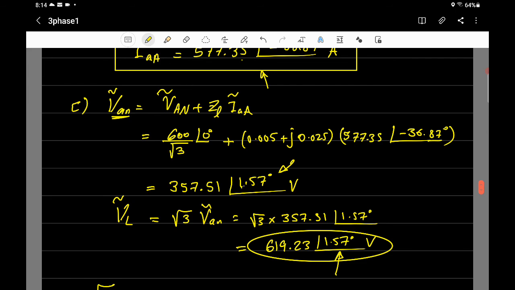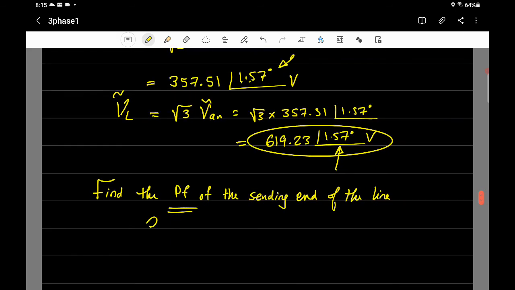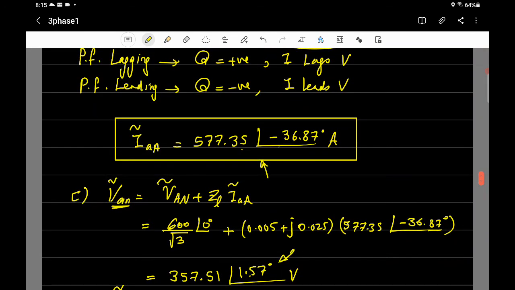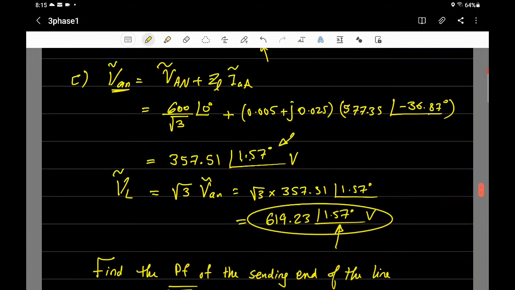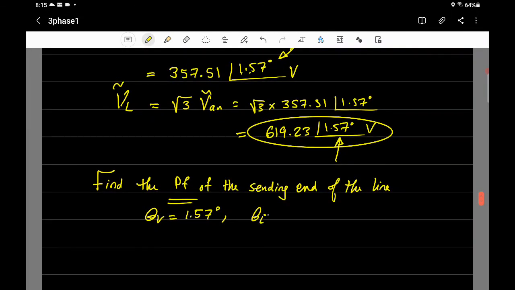The angle is equal to 1.57. So theta V is equal to 1.57. What about the current? The current is in series, the same current. This is the current, minus 36, right? So theta I is equal to negative 36.87.